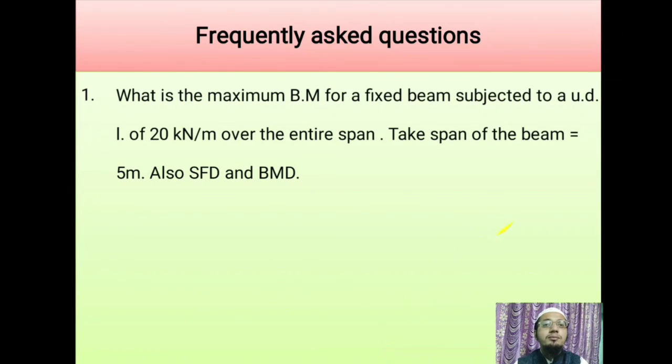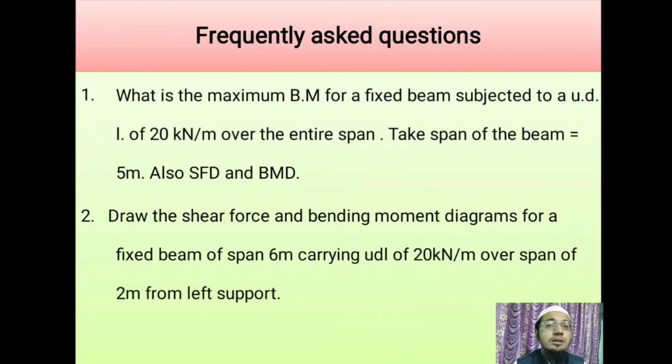Second question: draw the shear force and bending moment diagrams for a fixed beam of span 6 meter carrying UDL of 20 kilonewton per meter over a span of 2 meter. Here it is not over the entire span, it is a portion of the span of 2 meter, which is from the left support. Hope you can solve this numerical and draw the shear force and bending moment diagrams.